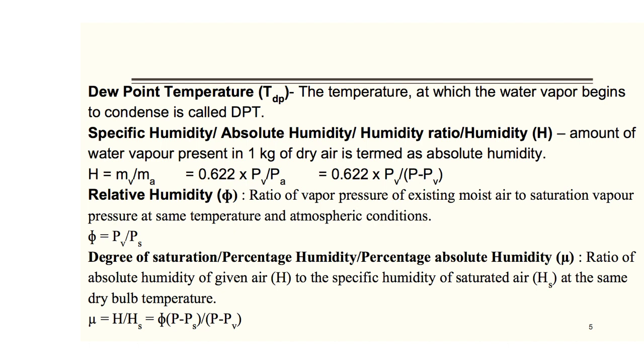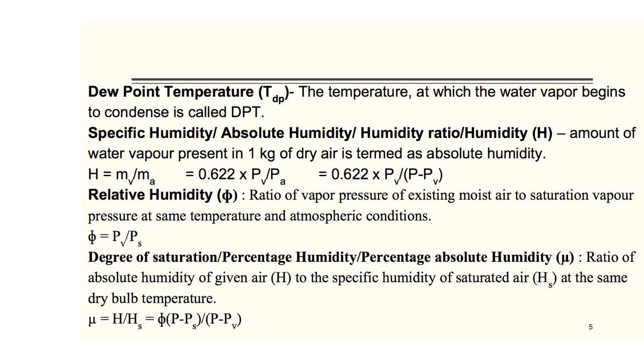And by Gibbs-Dalton law, we know that the total pressure exerted by a mixture of gases is the sum of the partial pressures exerted by each component of that mixture, right? So here we have two components in the mixture, water vapor and dry air. So the total pressure exerted by the moist air would be equal to PA plus PV.